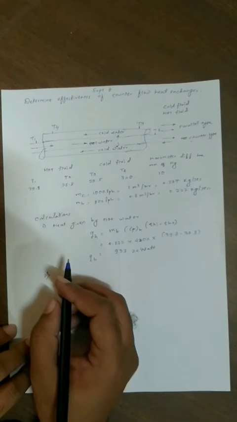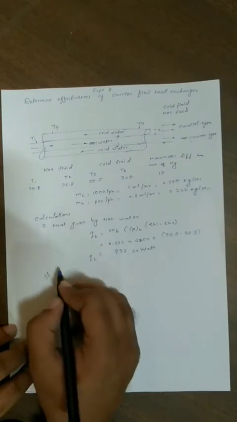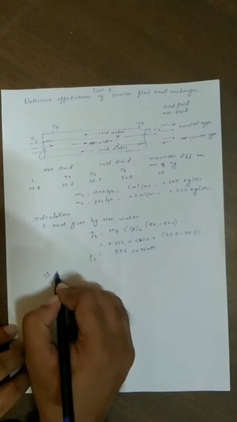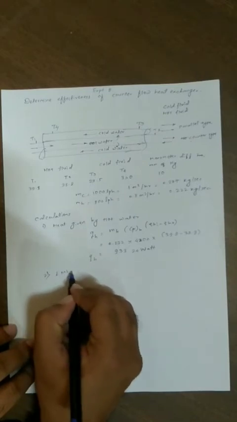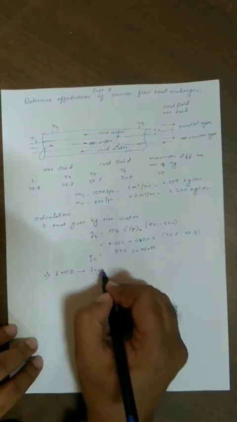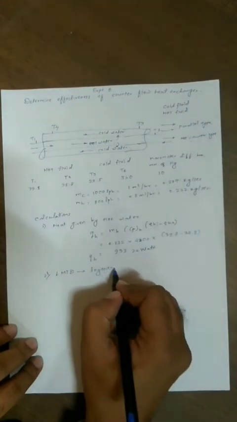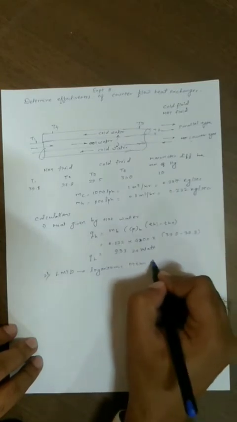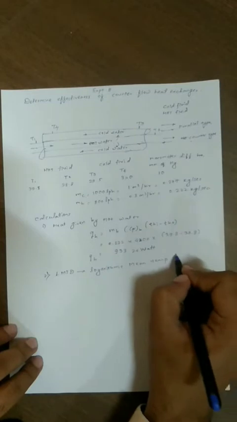The second parameter we are going to find out is the LMTD. LMTD represents logarithmic mean temperature difference.